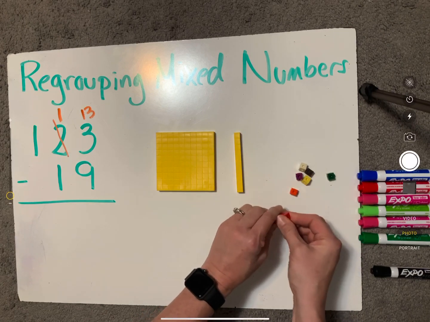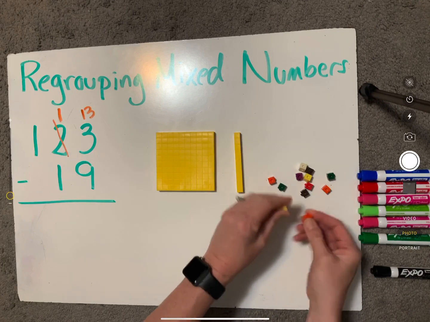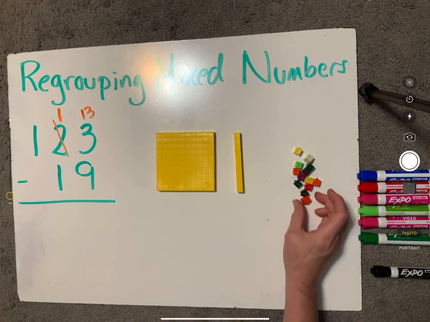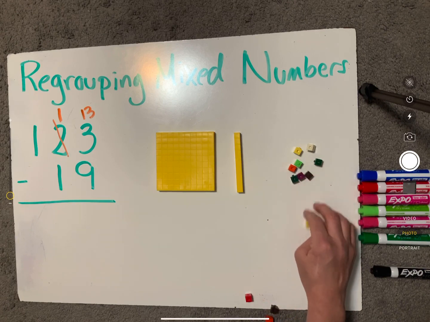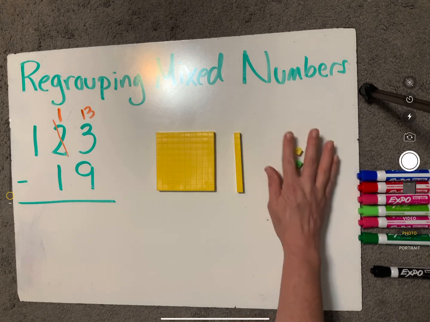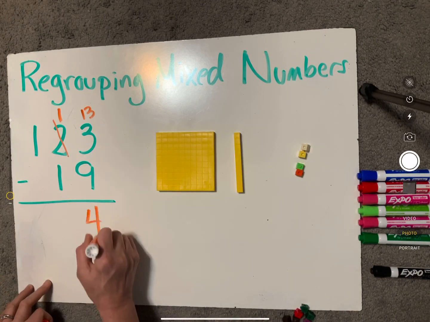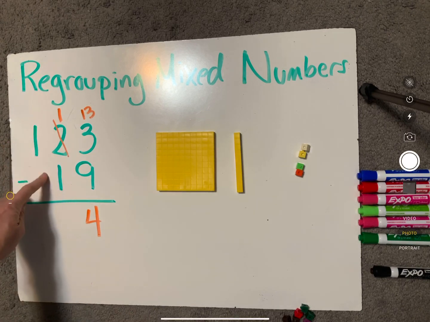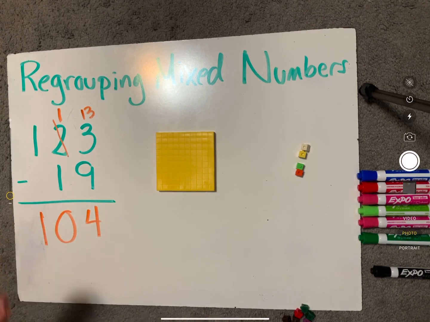And now they're ones, right? And now I'm able to take away 9. So 1, 2, 3, 4, 5, 6, 7, 8, 9. So now I have 4 left in my ones place, right? 1 minus 1 in my tens place, I would take that away. So I get 0, and I have 1 in the hundreds place left.